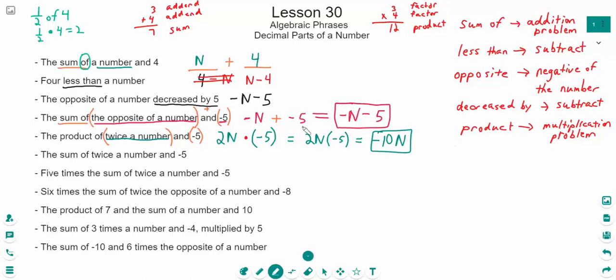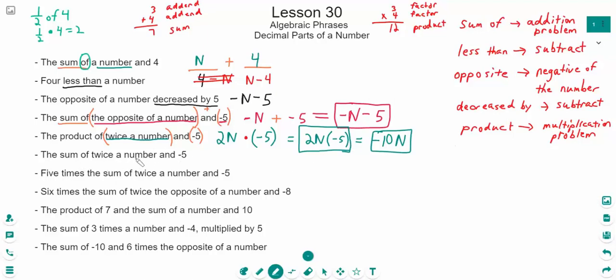You might say that this is the true translation for this expression, but this is kind of the simplification of that translation. All right. Excellent. So really, at this point anyway, I would probably accept either one of these answers on your homework. It kind of makes more sense to just multiply that through, though, and simplify it. All right? Okay, so the next one.